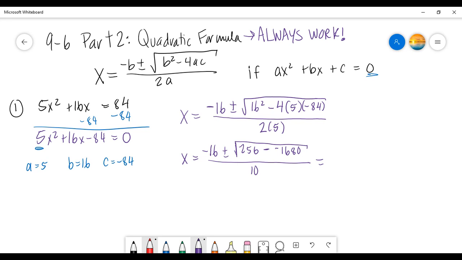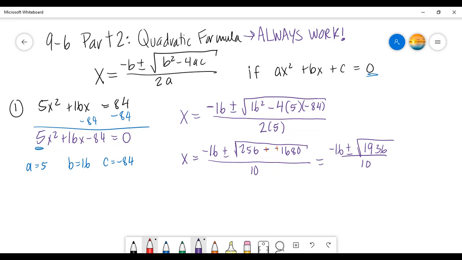Okay, let's do a little more simplifying. We can do inside of the radical right now, we have minus a negative. Change that to adding a positive. So it's 1680 plus 256. Okay, then we're going to get negative 16 plus or minus the square root of 1936 divided by 10.